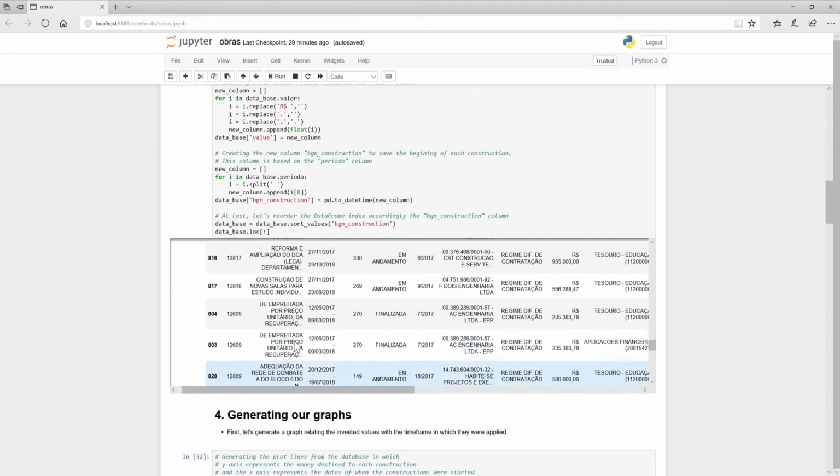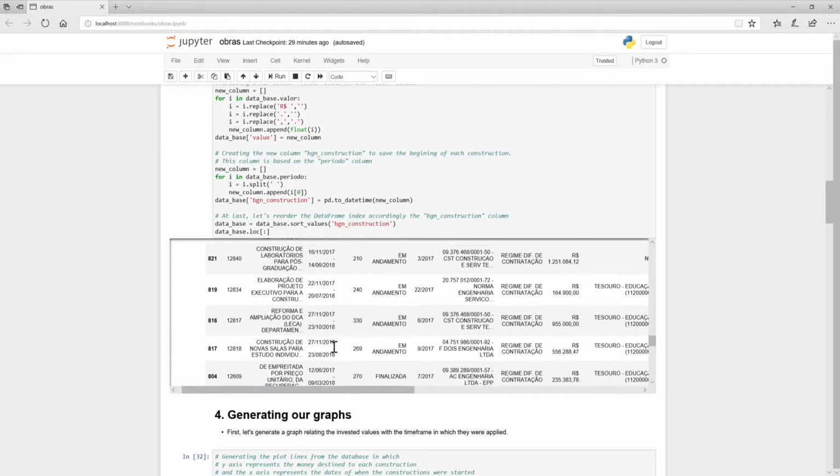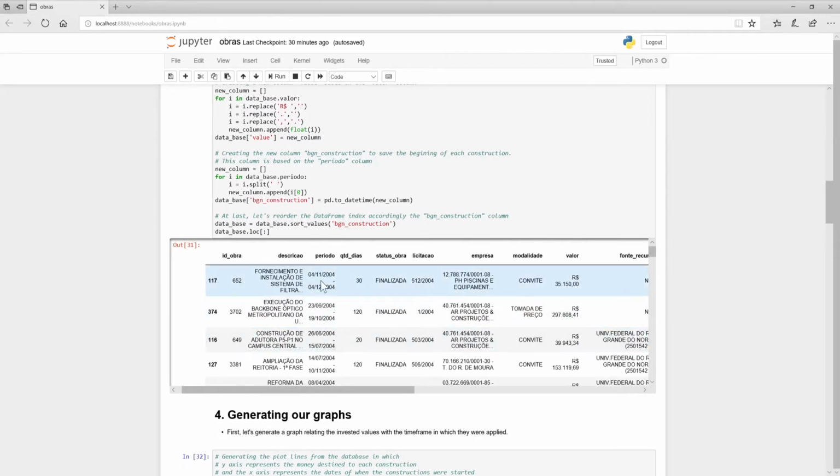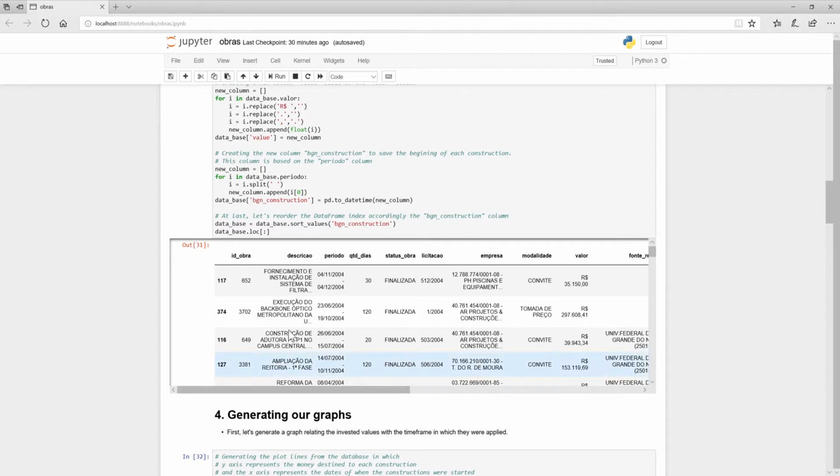We are also rearranging the data by the dates of the start of the constructions.